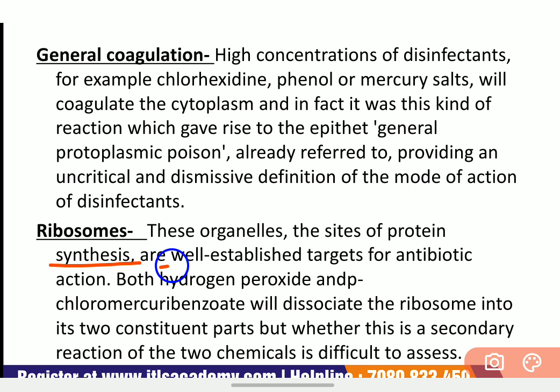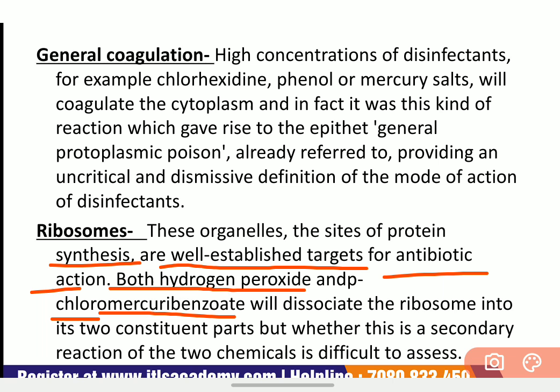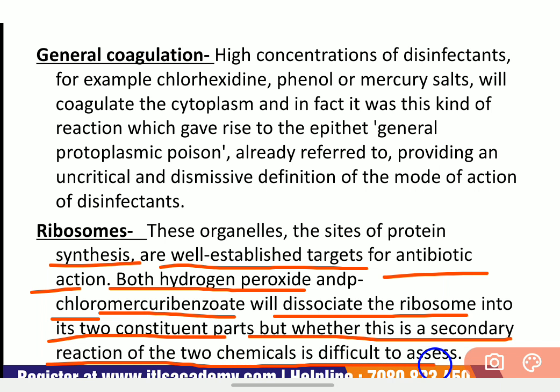Ribosomes are a well established target for antibiotic action. Both hydrogen peroxide and chloromercuribenzoate will dissociate the ribosome into its two constituents, but whether this is a secondary reaction of the two chemicals is difficult to assess.